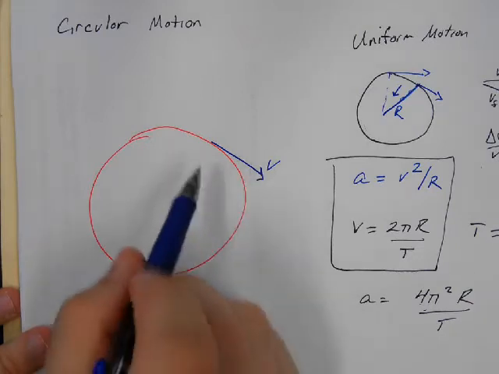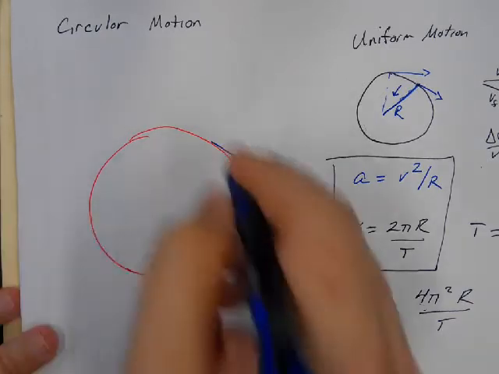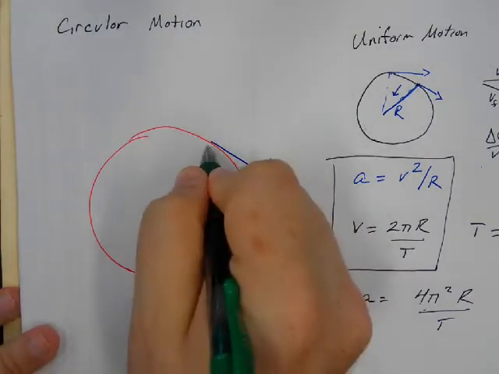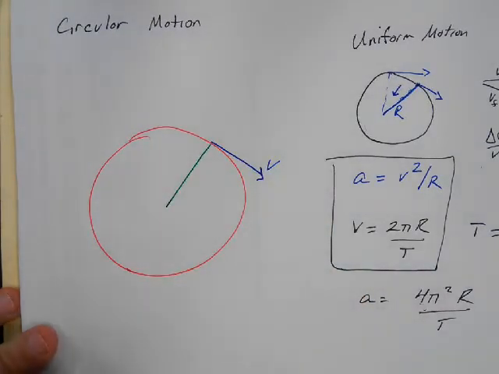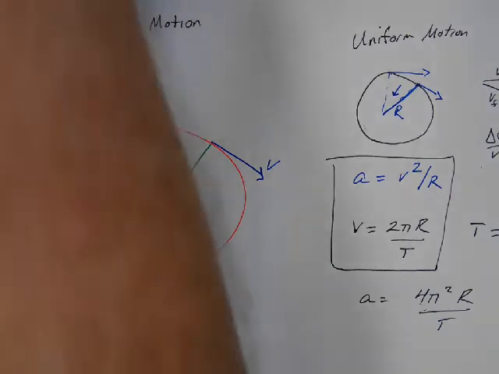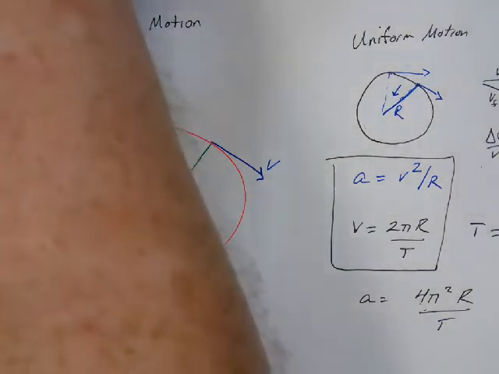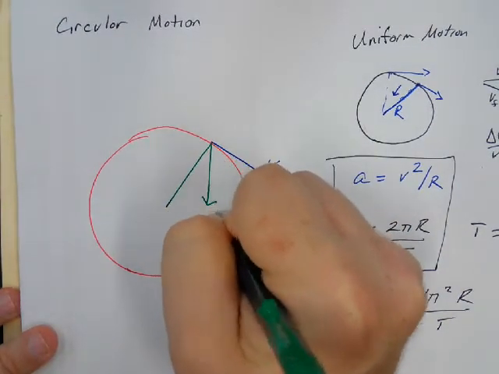It's got to have some acceleration in this direction to get the velocity up. But it's also going in a circle at some point. So it has to have some sort of radial acceleration. Right? So that means that this acceleration is off at some angle somehow. And we can draw that in, say it's something like that.